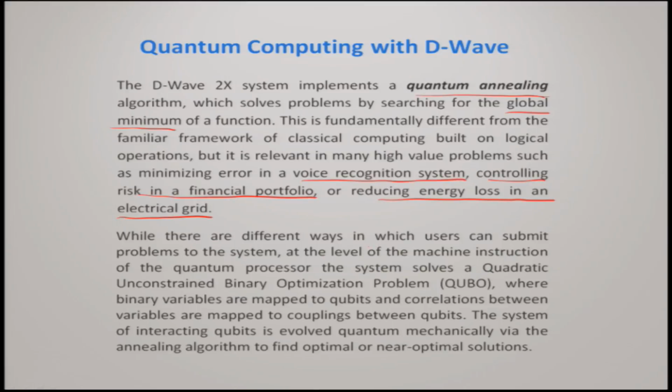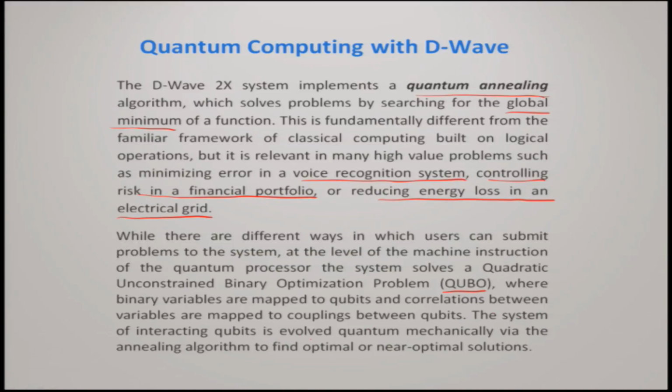While there are different ways in which users can submit problems to the system, at the level of the machine instructions of the quantum processor, the system solves a quadratic unconstrained binary optimization problem, as they call it, QUBO, where binary variables are mapped into qubits and correlations between variables are mapped to couplings between the qubits.